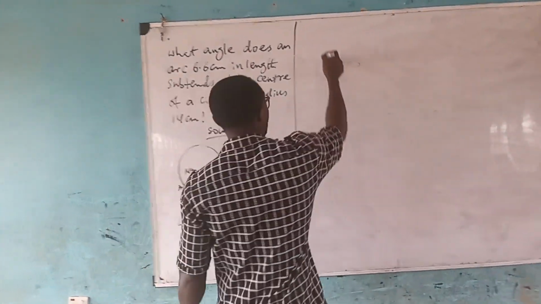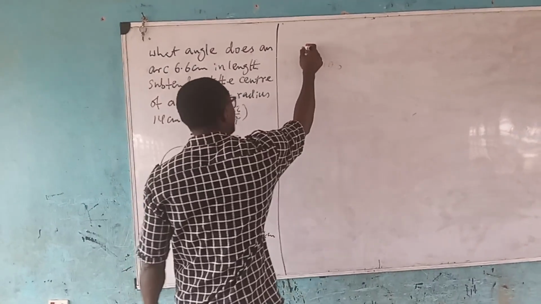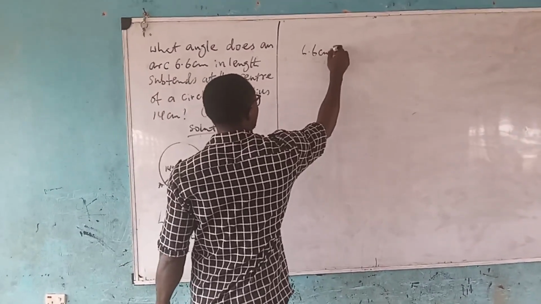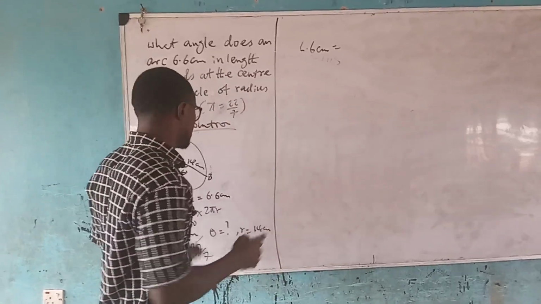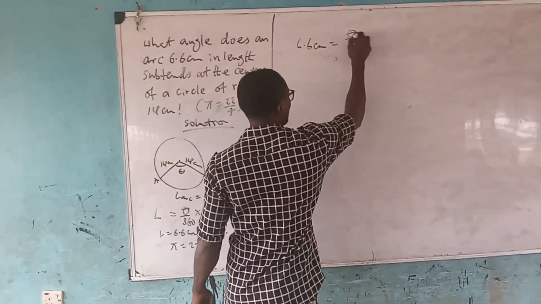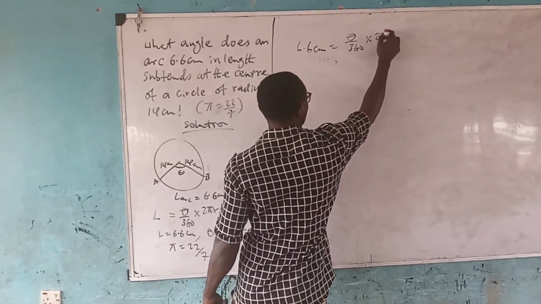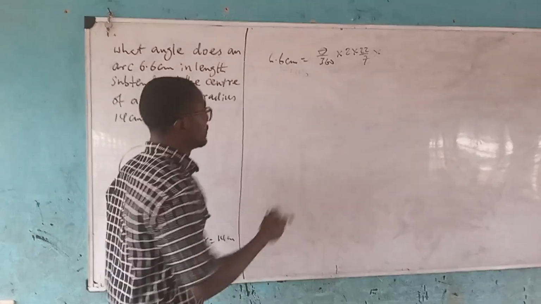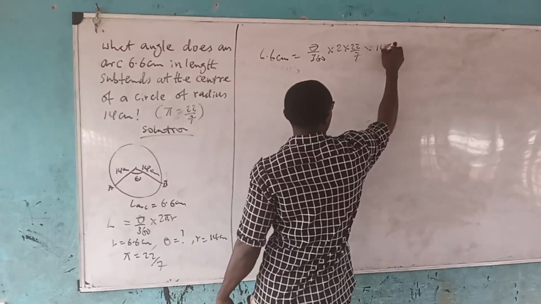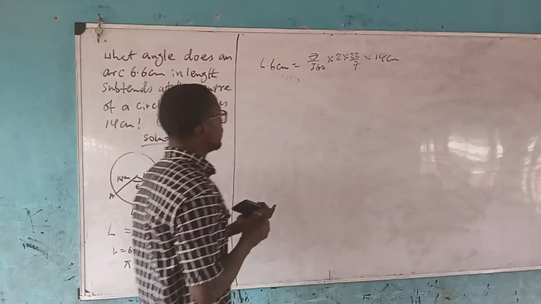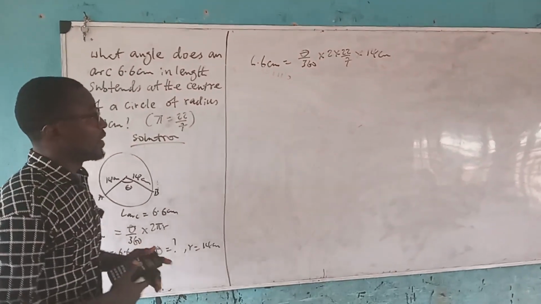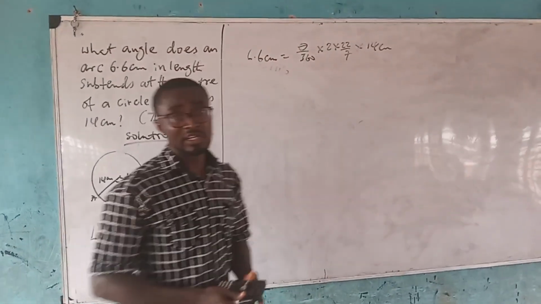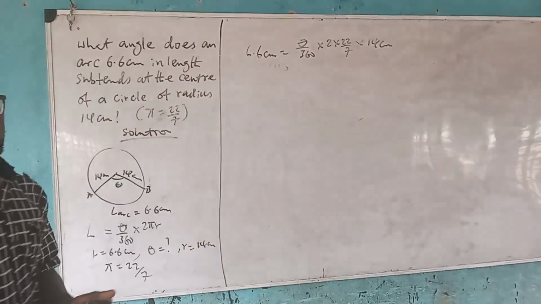So we have our L, 6.6 centimeter, to be equal to theta over 360 times 2 times 22 over 7 times our radius, 14 centimeter. From here, we are going to multiply out all the values we have at the numerator.